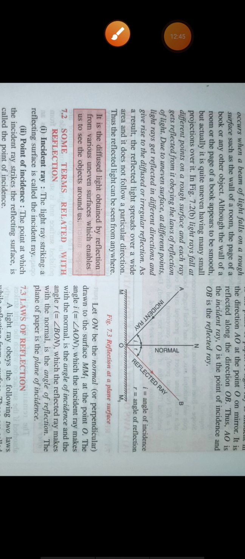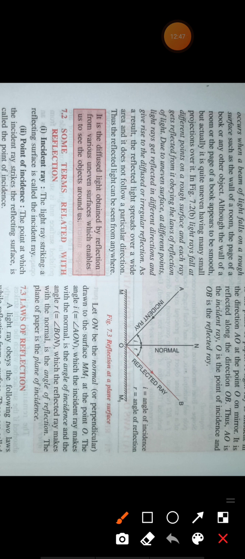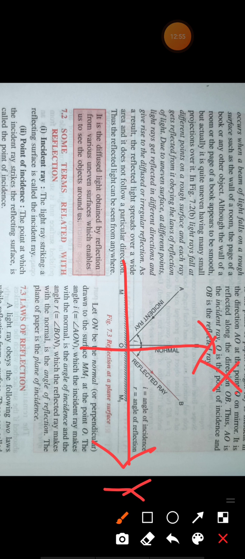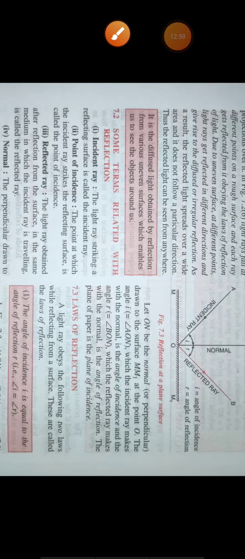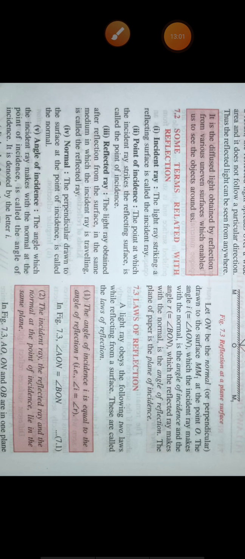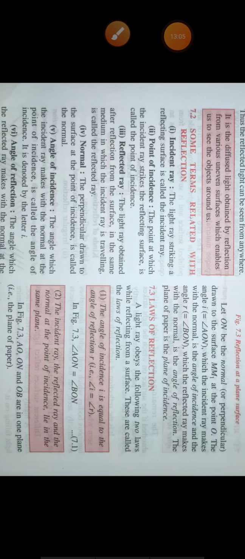That means you can denote this incident ray, reflected ray and normal line, you can plot in x and y axis only, you don't need the z axis. So that means they are lying in the same plane, in two dimensions, not in three dimensions. That is what they want to say.